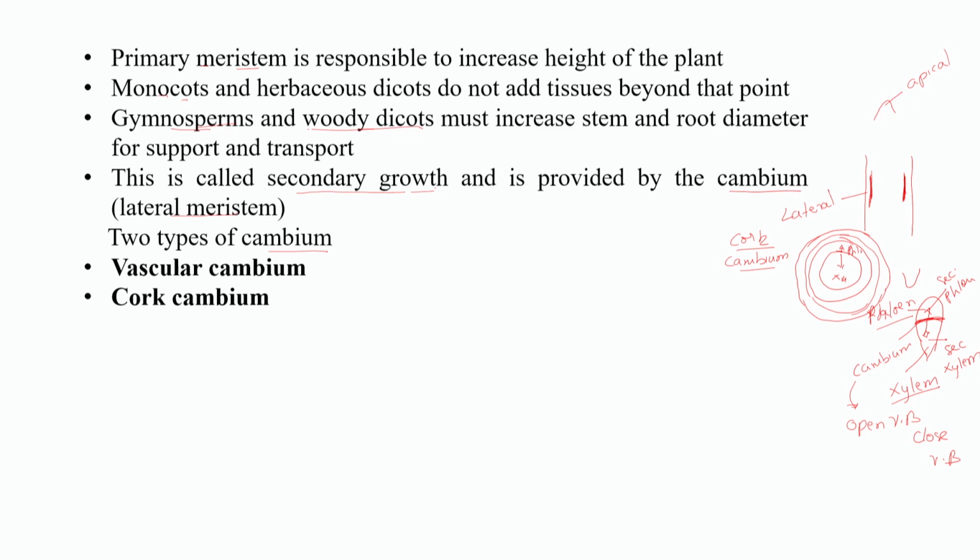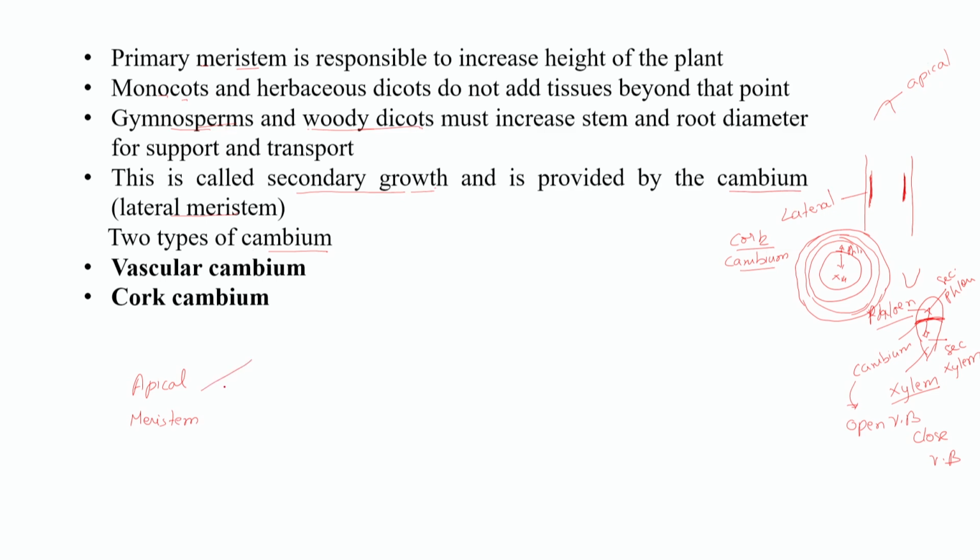Now, let us just try to revise what the primary tissues are, what the primary meristem is, and what the lateral meristems are. Now, we all know about apical meristem, which was there on the stem and root.